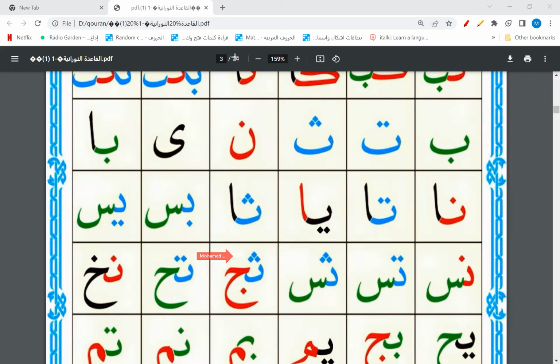And this one? That one is tha, ja. Very good. And this one? Ta, ja. No, ta, ha. Sorry, ja has a dot. Ha doesn't have a dot. All right. Ta, ha.